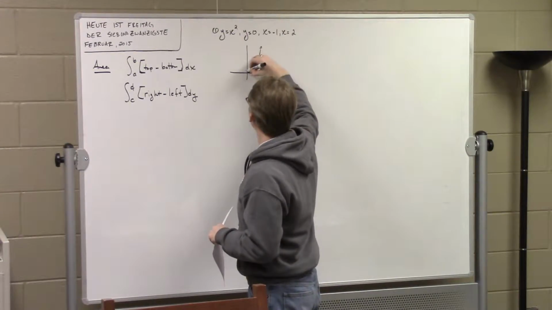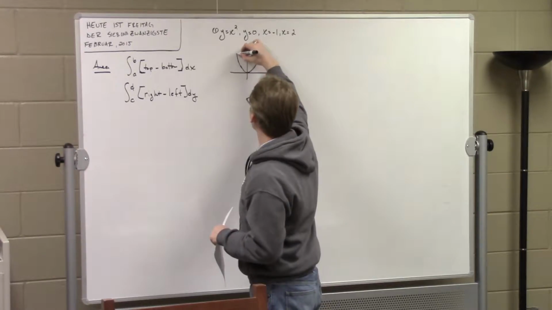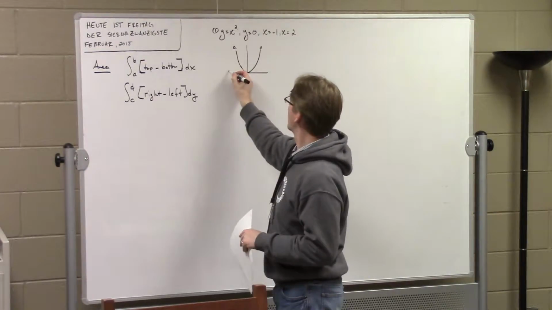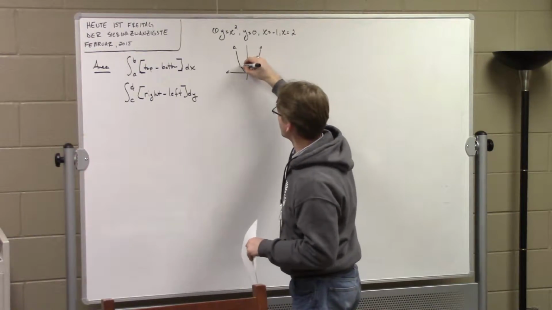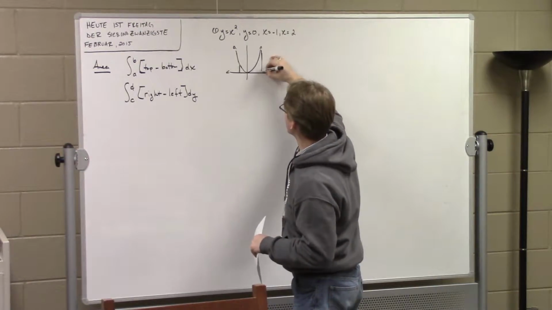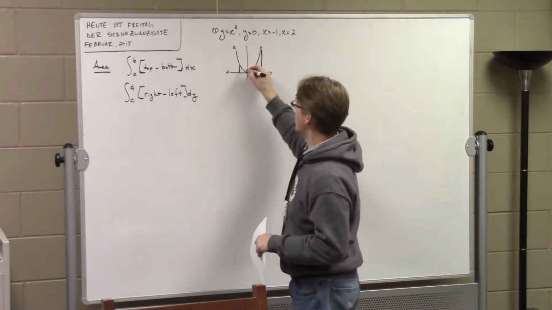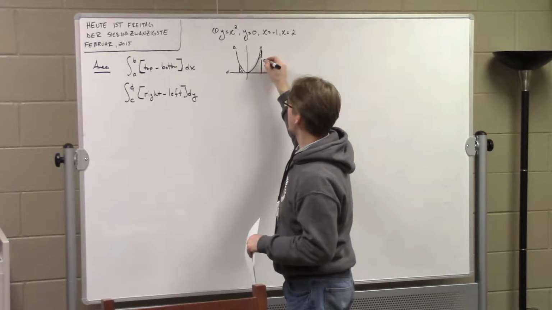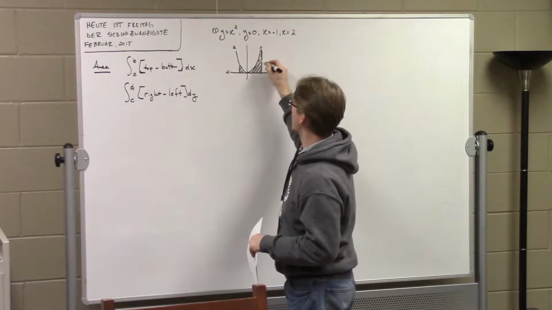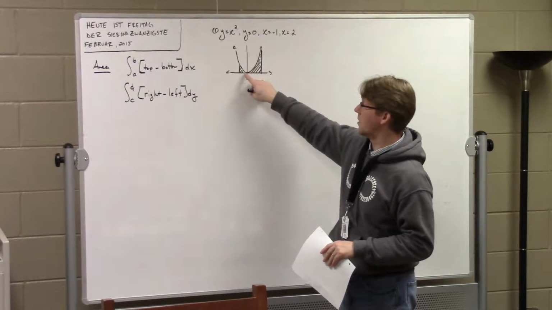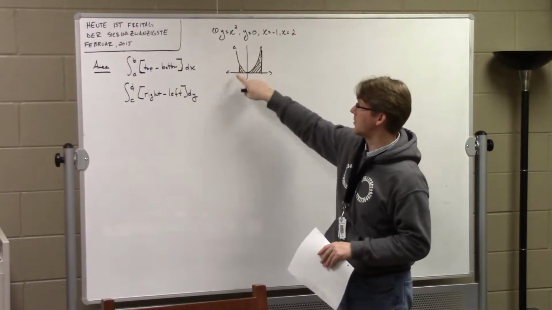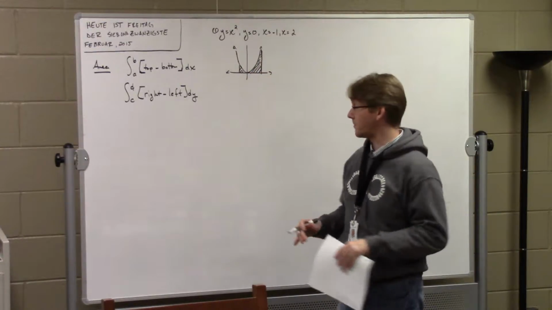Could have been worse. Alright, so here's our good old parabola, y equals x squared. Here is y equals 0, which is the x-axis, and then we've got from -1 to +2. So all of this area is above the x-axis. We don't need to worry about any of it being negative. Nothing crosses over. There is a spot where it almost did, but we always have the parabola on top and we always have the line on bottom.